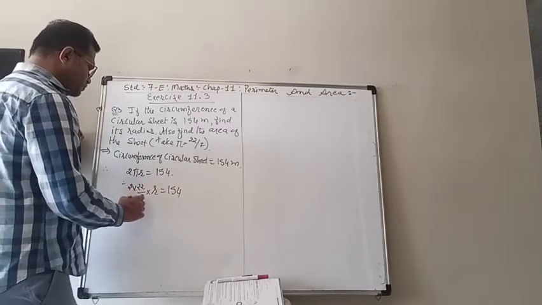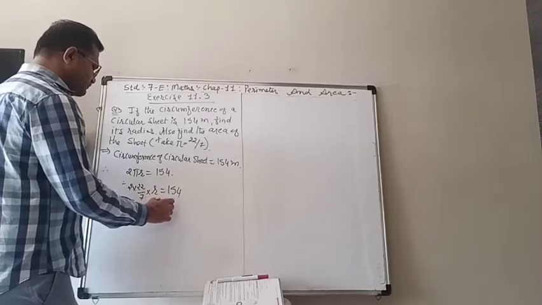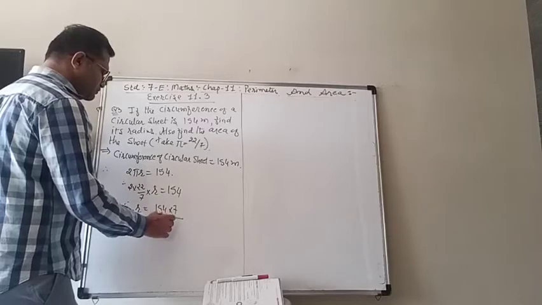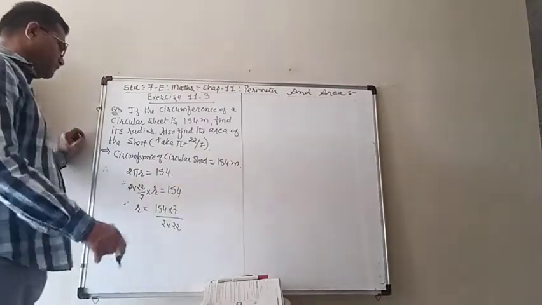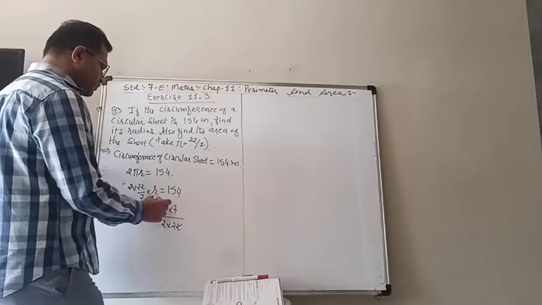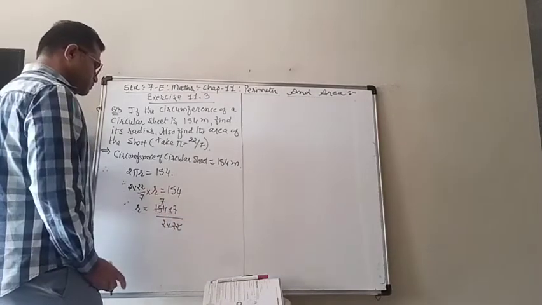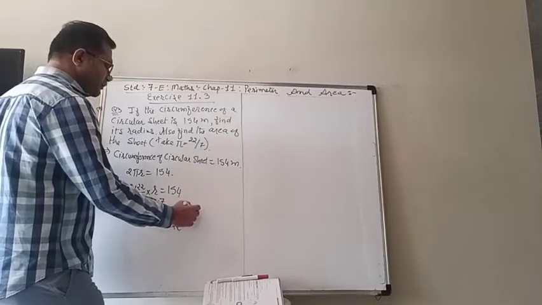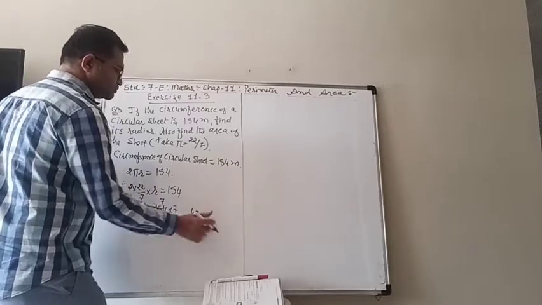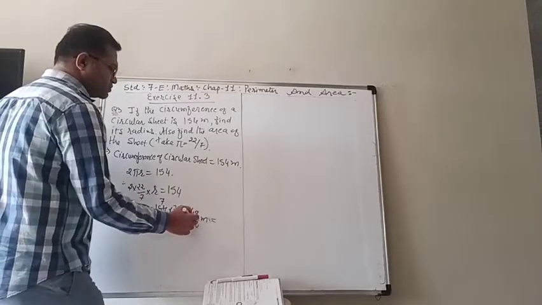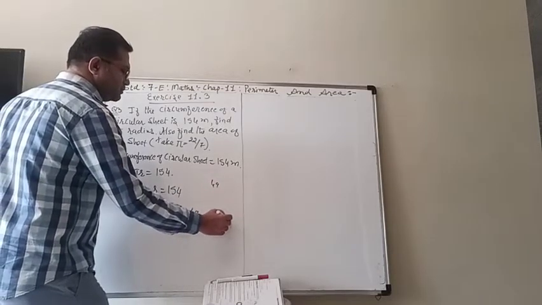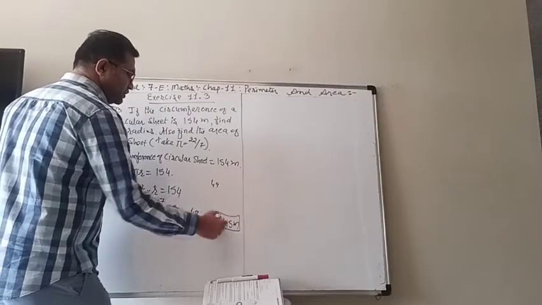So now r is equal to 154, 7 will go in the numerator and 2 and 22 will be in the denominator. Now 22 sevens are 154. So 7 sevens are 49 upon 2 meter. Or you can write down as 49 divided by 2, 24.5 meter. So now we get the radius.